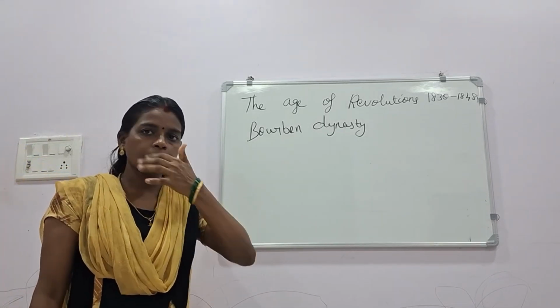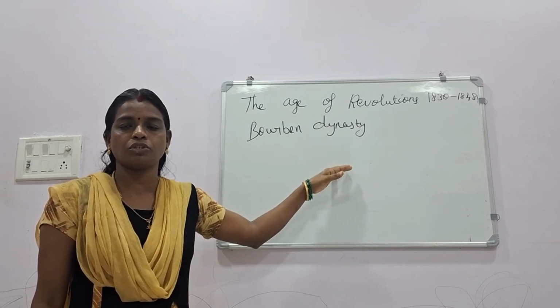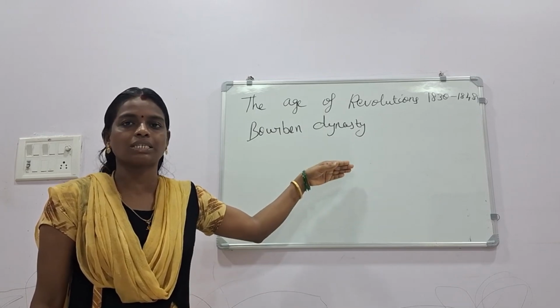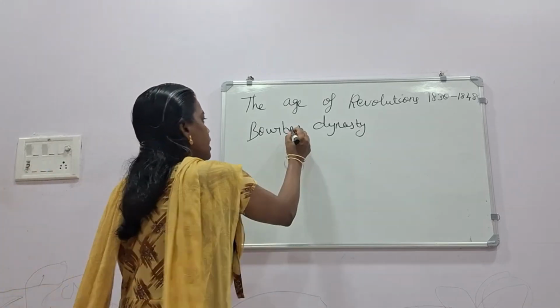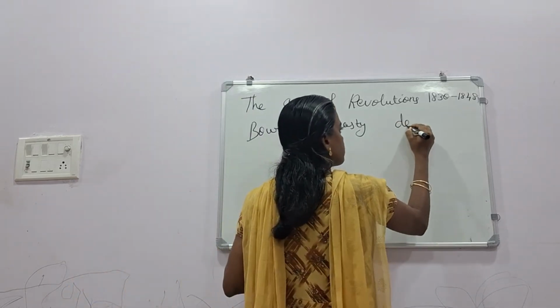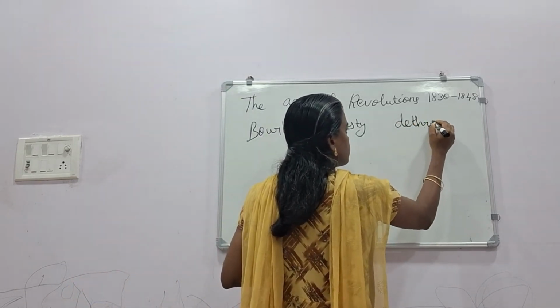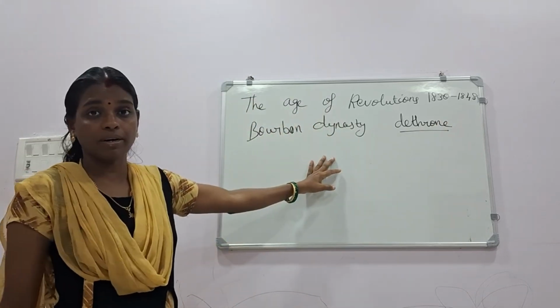At the same time, Bourbon dynasty restored its power, it recaptured its power, which we taught in the previous regime of conservatism after 1815. So now that Bourbon dynasty was dethroned. Dethroned means they removed from power.